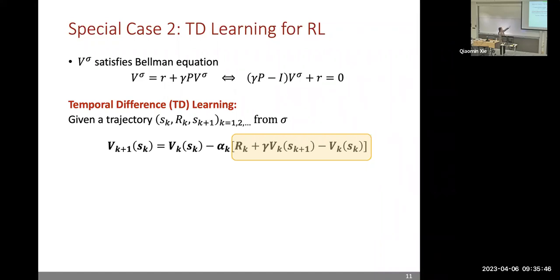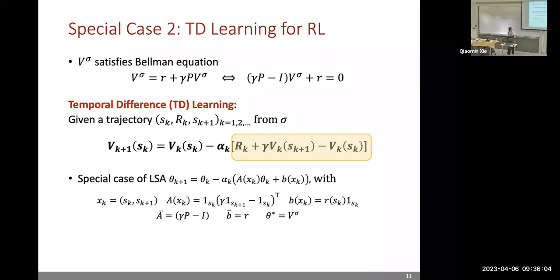Of course, here I'm just talking about the tabular setting. You can generalize to accommodate function approximation, so you can use linear function approximation to deal with large state and action spaces. It turns out this update rule of TD learning corresponds to a special case of the general SA we introduced earlier.